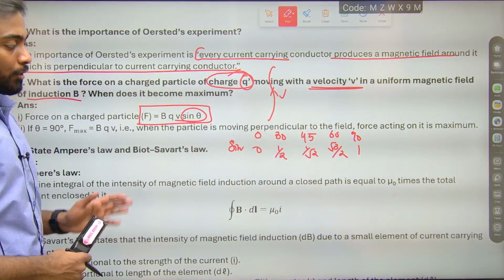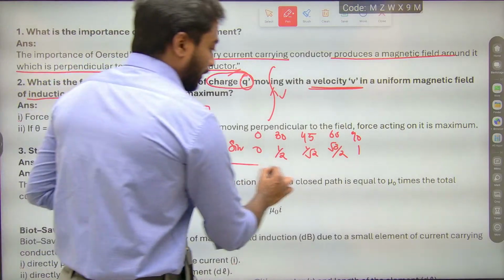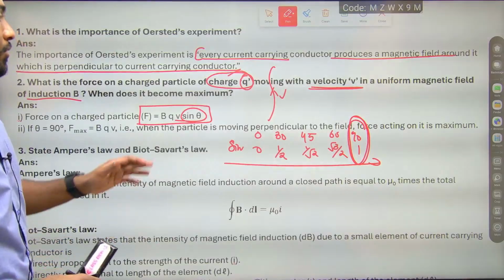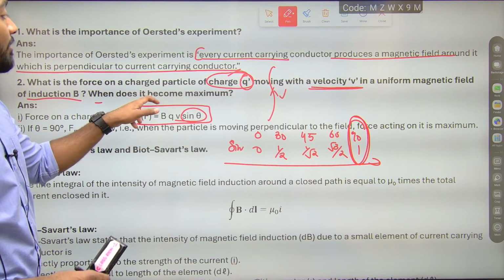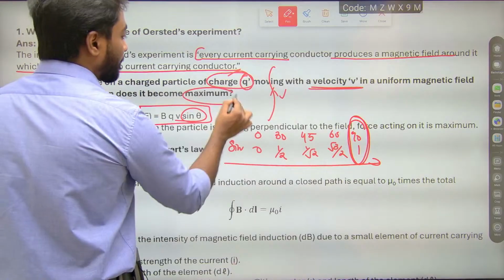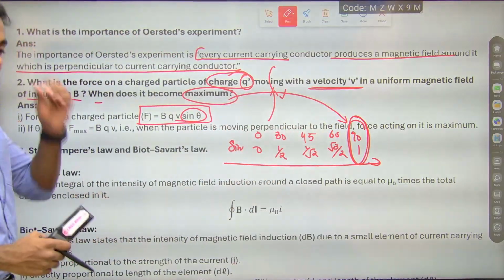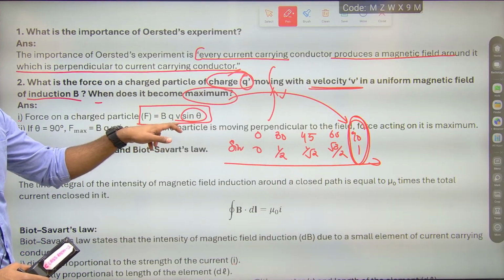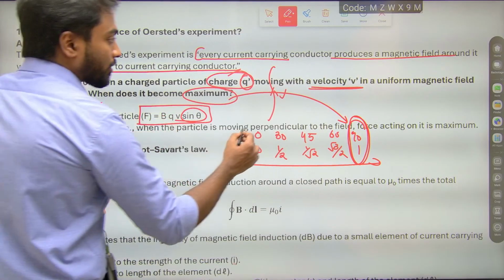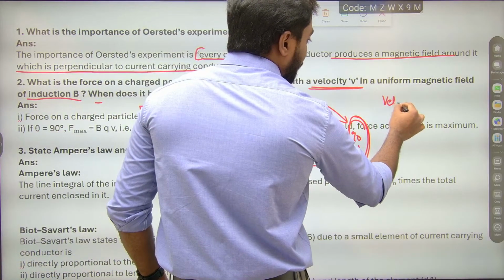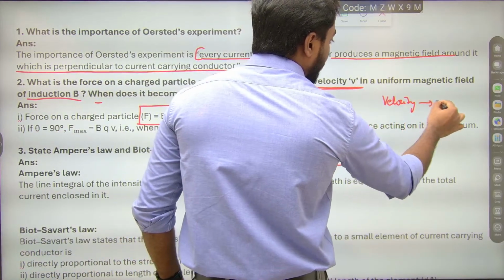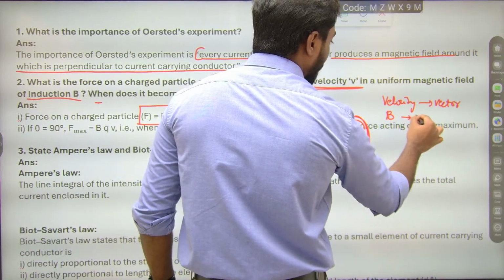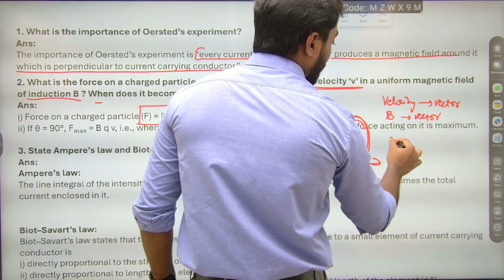So the value of sine is increasing, and at 90 degrees it is maximum. So when the angle becomes 90 degrees, the force becomes maximum. Velocity is a vector quantity and the magnetic field is also a vector quantity, while q is a scalar.